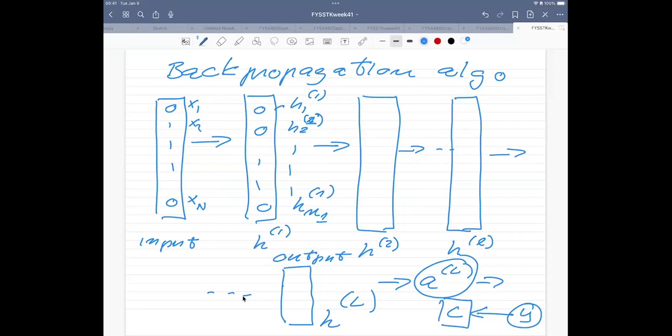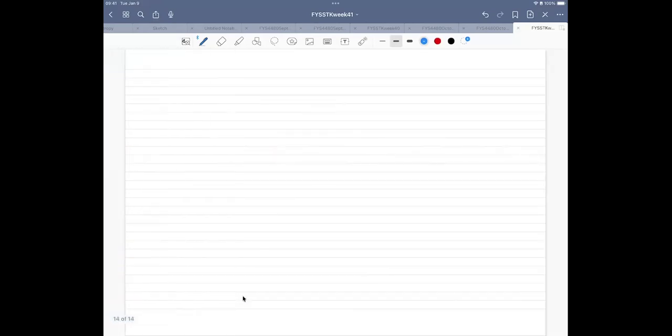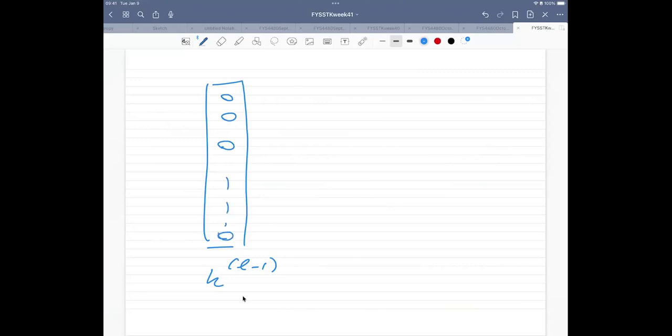What we are going to look at now are some definitions first on how we are going to set up the various variables which we will be using. So if we look at one specific element here, suppose we take one hidden layer. So this is the layer with H of L minus 1. Here we would have a set of nodes: H1 of L minus 1, H2 of L minus 1, and this goes all the way down to N of L minus 1.